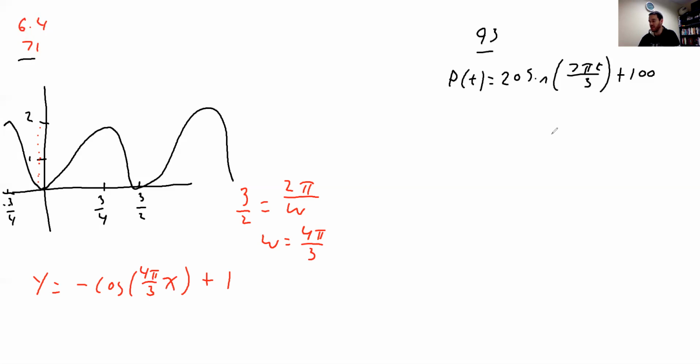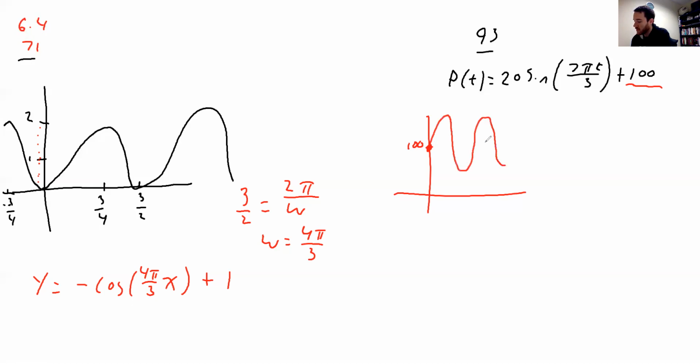Okay, so it said that that was the maximum. So if you think about what this graph is going to do, it's going to start up at 100 because it's a sine graph, and it's got that plus 100, so it's been shifted up 100 units. And then the amplitude is 20, so it's going to go up 20, down 20 from 100. So it's going to peak out at 120 and have a minimum of 80.